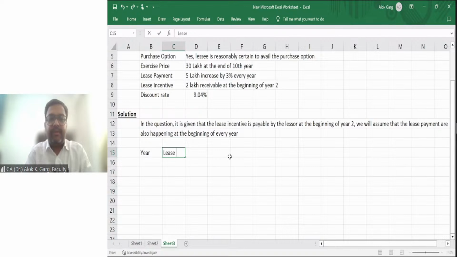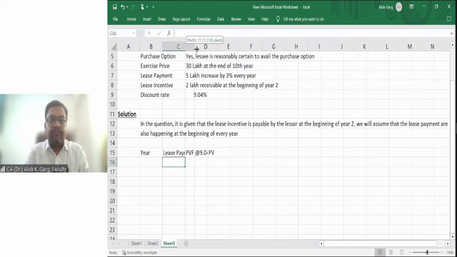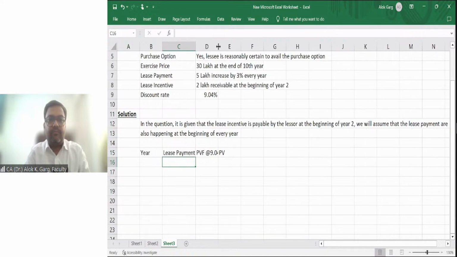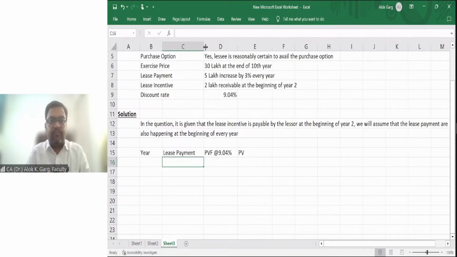Now I'll put year here, lease payment, and present value factor at the rate of 9.04%, and present value, PV. How many years are there?